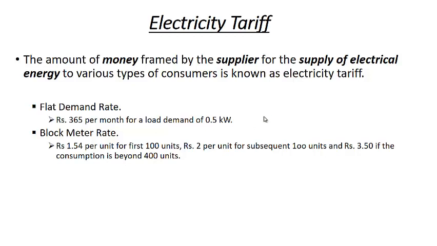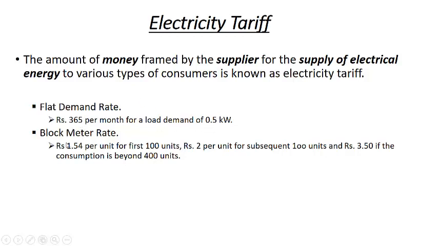It is the tariff that is going on nowadays in villages, towns and cities. They are having a tariff for a load demand of 1 kilowatt, and in that case, I think it is 967 or something else, but it is of a similar order.